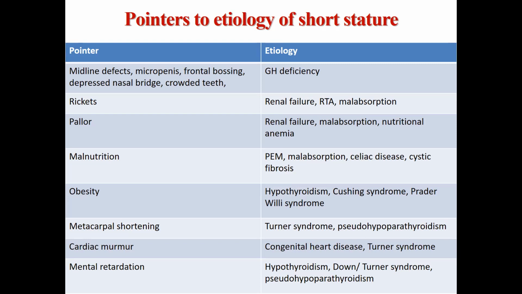Metacarpal shortening are found in Turner syndrome and pseudohypoparathyroidism. A cardiac murmur will be found in congenital heart disease. And remember that Turner syndrome, besides the short stature, they have congenital heart disease. Mental retardation can be indicator of hypothyroidism or syndromes like the Down syndrome, the Turner syndrome, or pseudohypoparathyroidism.